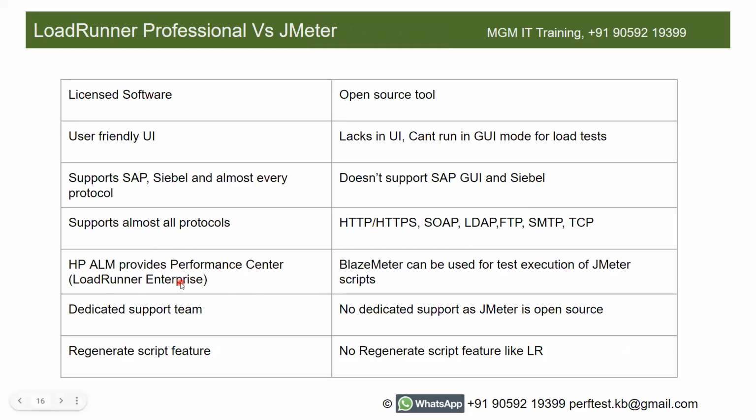Previously, they used to provide a LoadRunner Performance Center trial version. However, once it was renamed last year as LoadRunner Enterprise, they are not providing a trial version. Previously, I used to cover Performance Center also, but because there is no trial version, I could not cover LoadRunner Enterprise. Clear, guys?